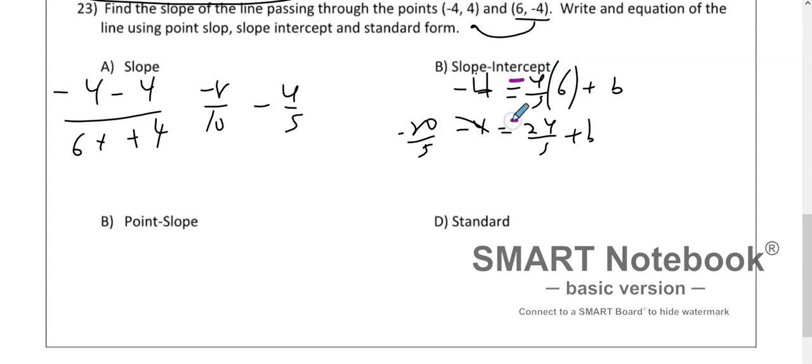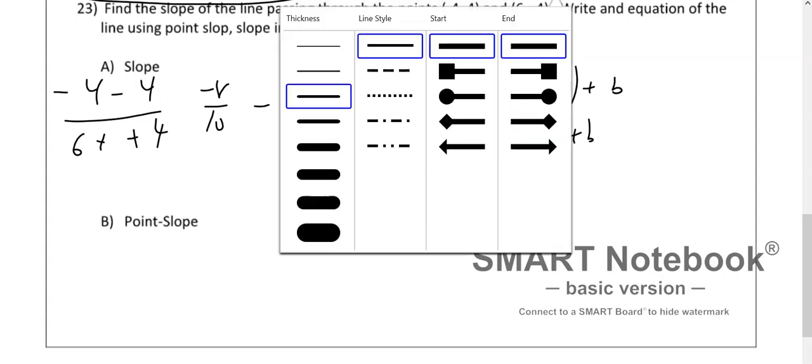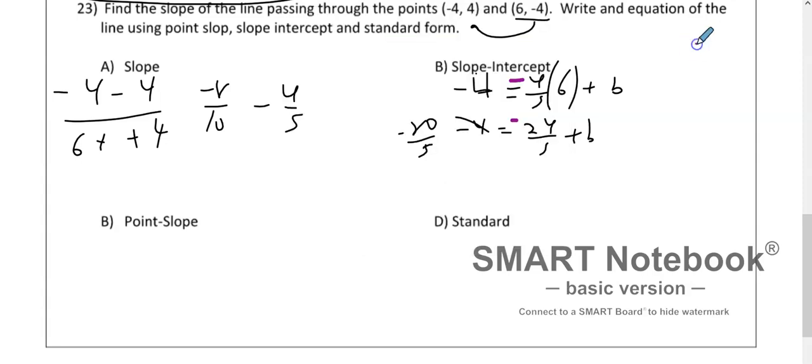Don't forget that. So now I'm going to add 24 fifths to both sides, which is going to give me 4 fifths over here equals b. So my slope-intercept is y equals negative 4 fifths x plus positive 4 fifths.